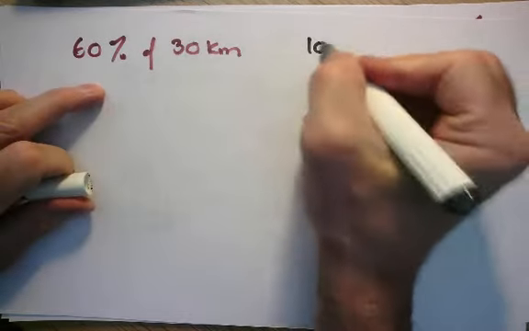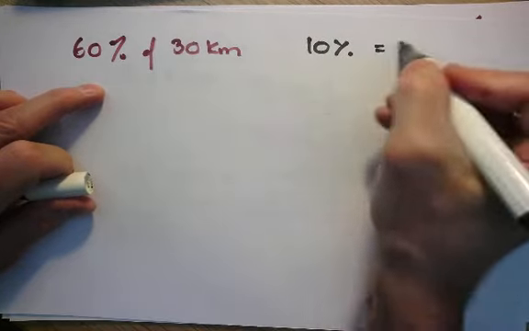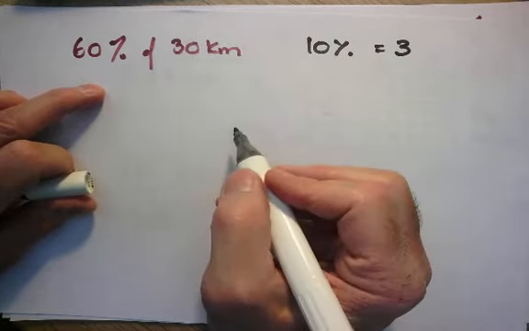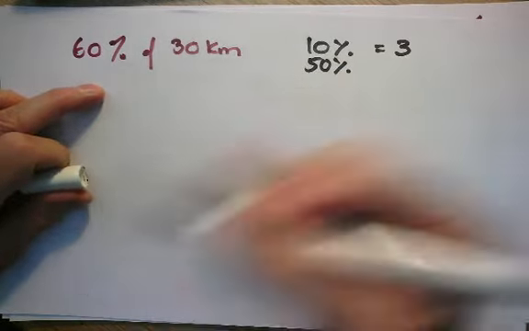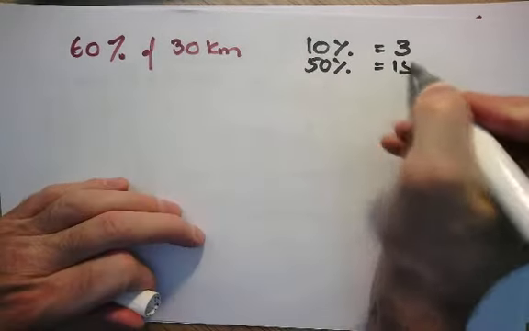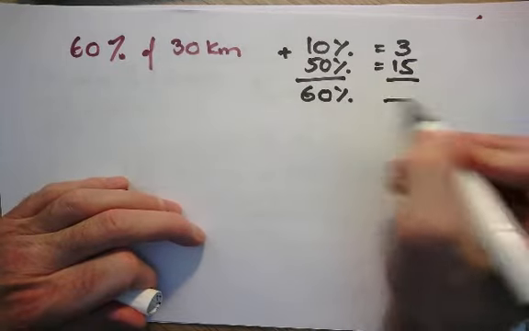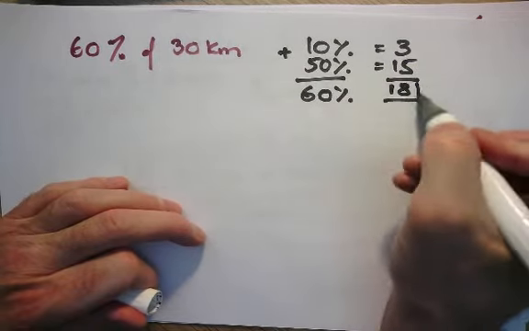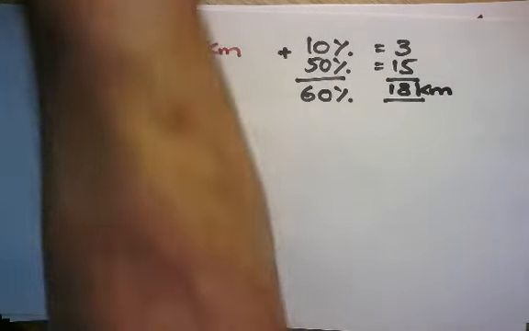If it's 60%, I'm always going to do the 10%. 10% of 30 is 3. And I know that 50% is a half of 30, which is 15. So if I add those together, I get 60%. Add those together, 18 kilometers.